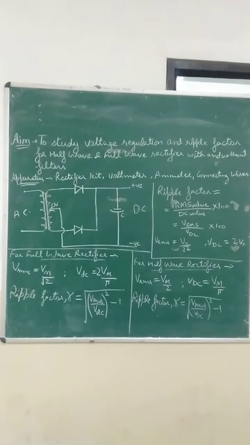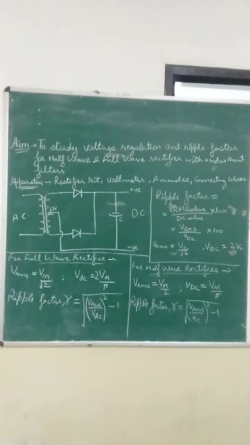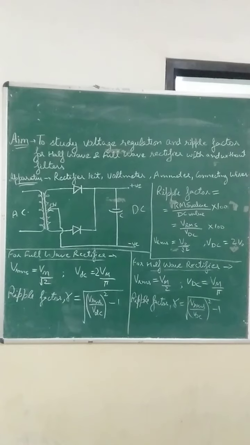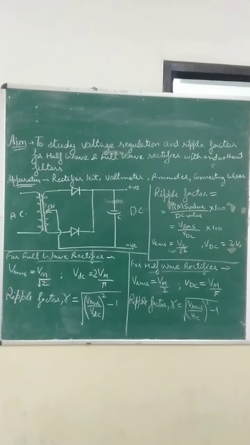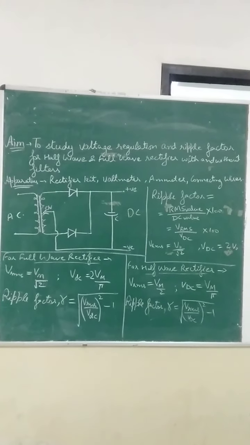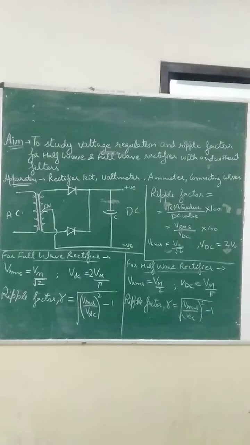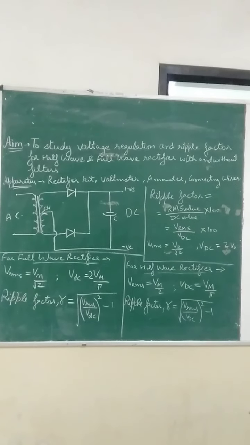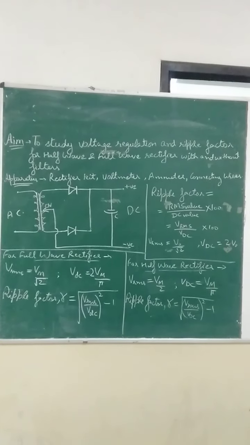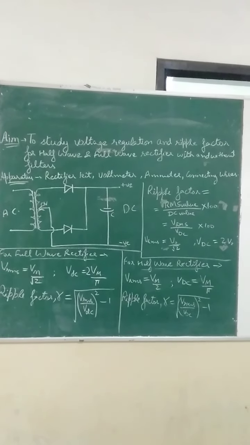Along with that I have a capacitor parallel to the diodes, and DC will be calculated at the output end. Whenever I use one diode, that is for the half wave rectifier, and when I use two diodes, that is for the full wave rectifier. So AC supply is going to be transformed into DC supply, and the ripple factor will tell us how much amount of AC is going into DC.